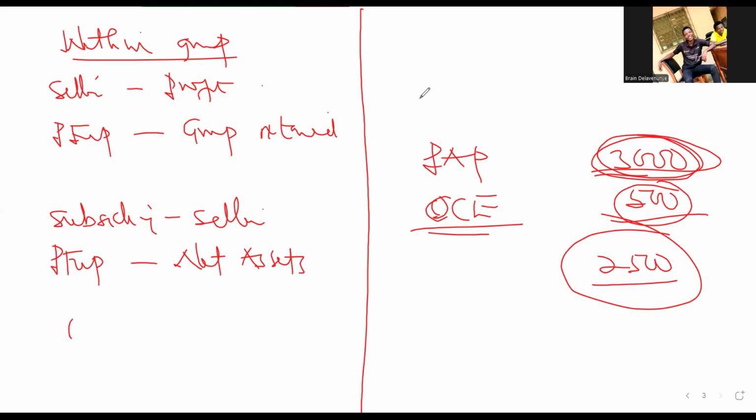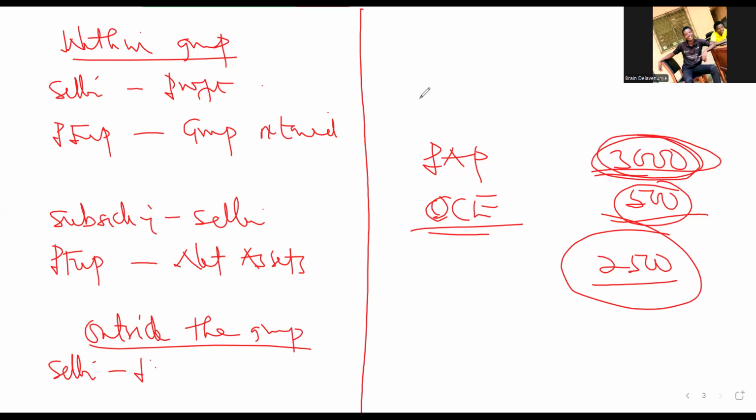Outside the group, which will be between associates and the parent, if the parent is the seller and has sold to the associate, the unrealized profit will be shared among the owners of the associate.